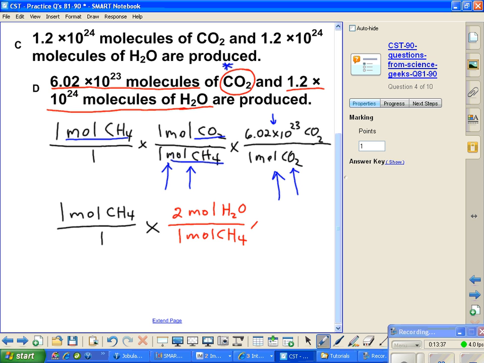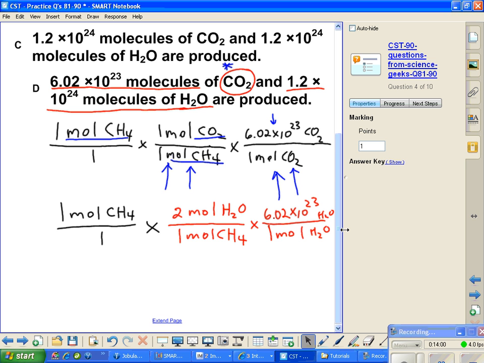That's the mole ratio from the balanced equation. And the last thing we need to do is put in the Avogadro number, because moles will be on the bottom, and we will have the Avogadro number at the top, 6.02 times 10 to the 23rd, and this of course is for water, in both cases, top and bottom.